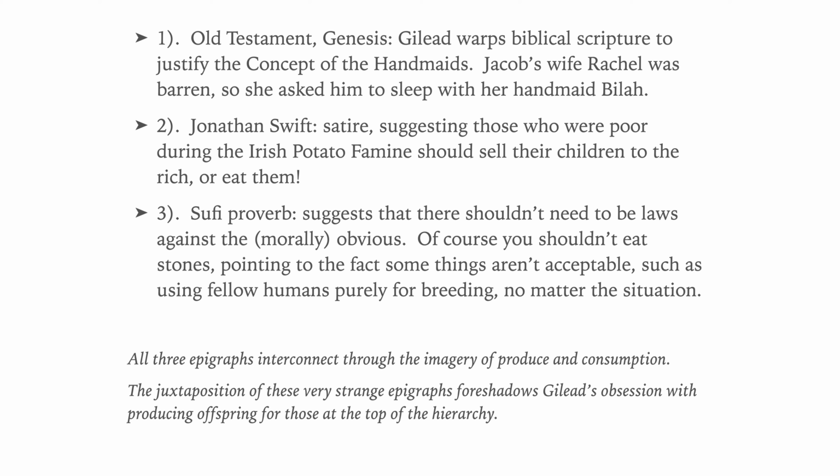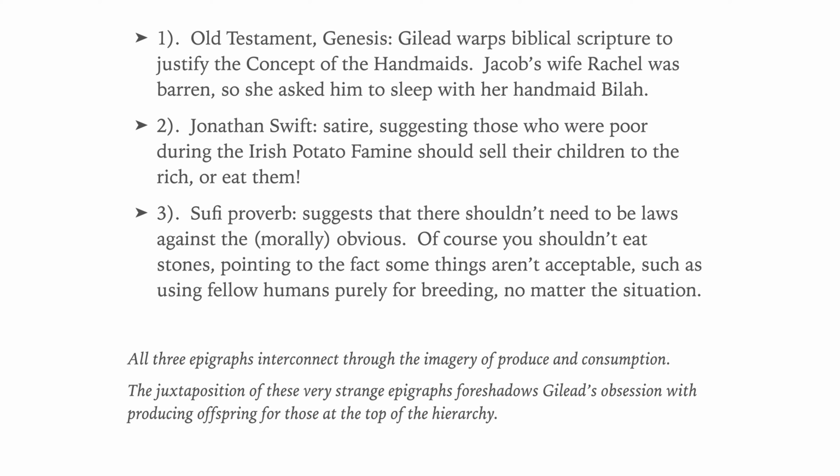The third, from a proverb as part of Sufism, suggests that there shouldn't need to be any laws against the morally obvious. Of course you shouldn't eat stones, pointing to the fact that some things just aren't acceptable, such as using fellow humans purely for breeding, no matter the situation.